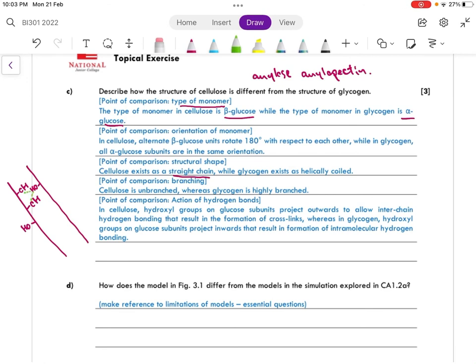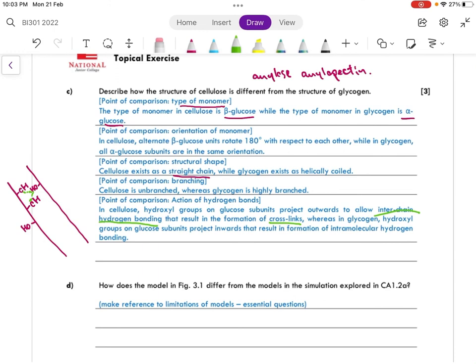Okay, and this is between the chains, so that's why we say it's interchain hydrogen bonding. We can also refer to this as cross links because the links are across cellulose fibers.